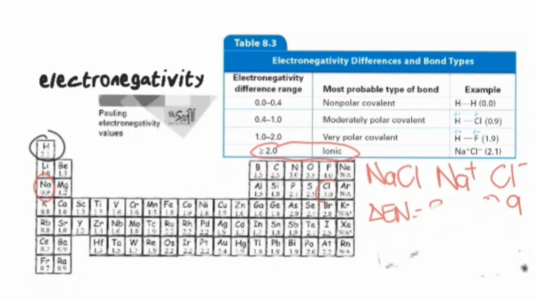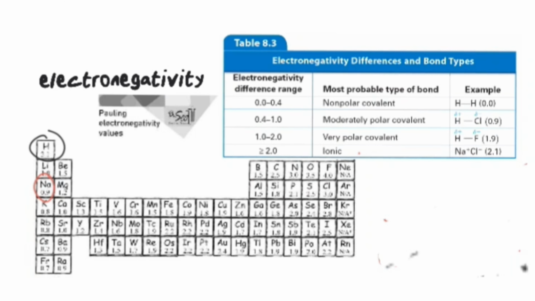Our next example we're going to look at includes sodium once again. It's sodium bromide, and that is obviously a bond between Na+ and Br-. These two are ions.